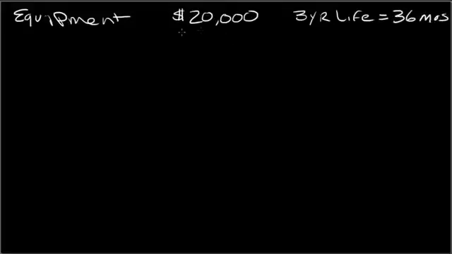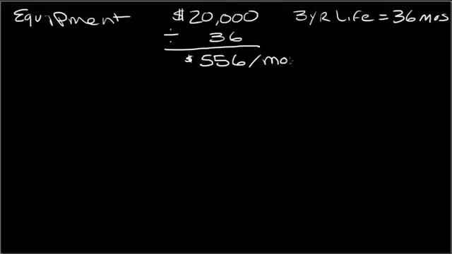So if we divide the 20,000 by 36, we're going to get a rate of $556 a month in depreciation. We multiply that by the number of months we've held the equipment, the 556 times the 3, and that is 1,667. And I am rounding a bit.